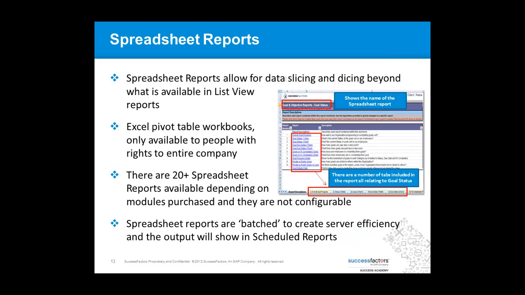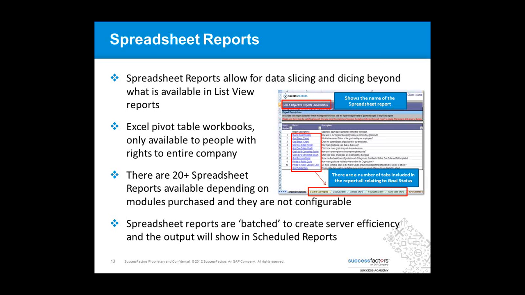The spreadsheet report allows slicing and dicing of data available in the list view, and you can create pivot tables for further analysis. There are about 20 plus spreadsheet reports. Depending on the modules you are licensed for, you can access them, but they are not configurable.